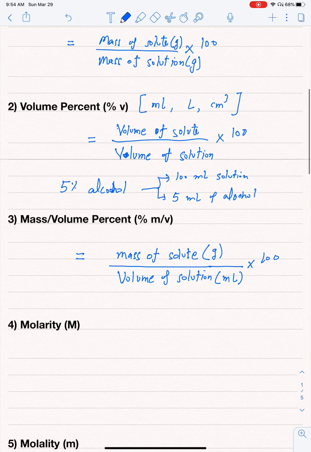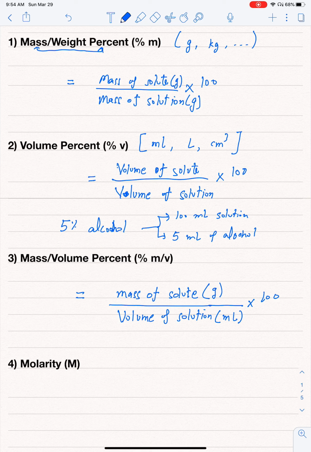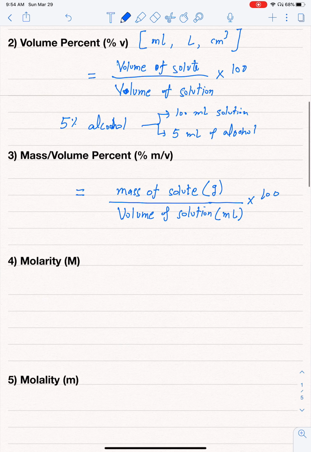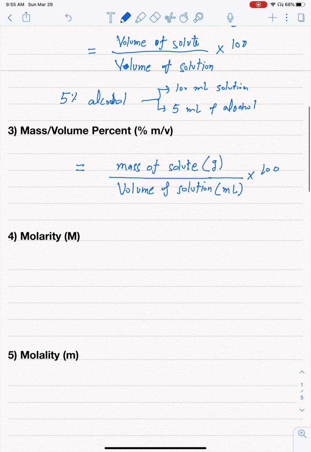Okay, those three ways of measuring concentrations are actually not very commonly used in chemistry. The most common way of measuring concentration used in chemistry is actually molarity. Molarity has a symbol of uppercase M, and the definition of molarity is the moles of solute divided by the liters of solution.